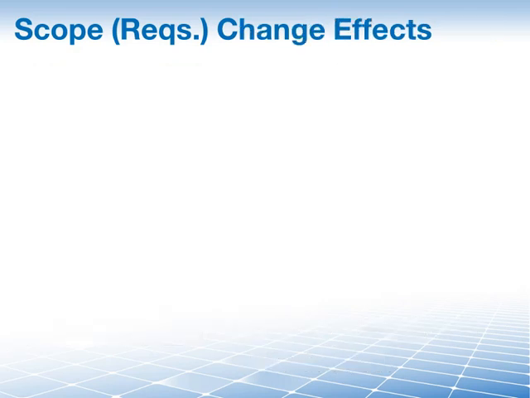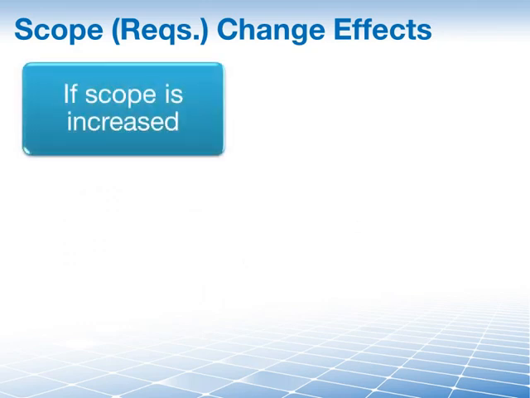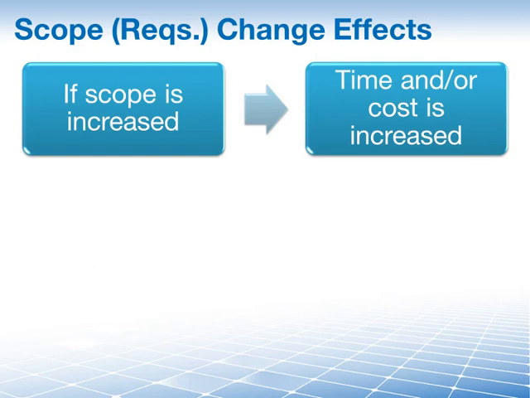An increase in scope on our project could easily affect both the schedule, which is time, or the budget, which is cost. Because if you increase the scope, then either time or cost has to go up because we now have more to do.